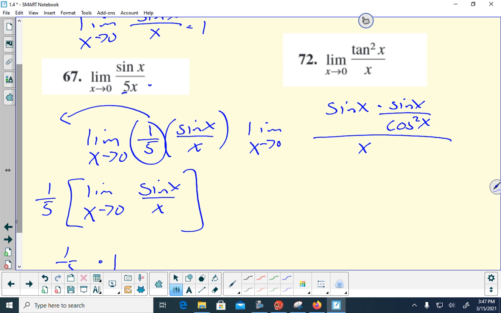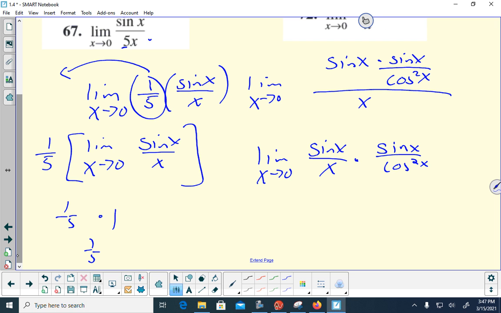So I'm going to take the limit as x approaches 0 of the sine of x over x times sine of x over cosine squared x. I don't know if you would write it like this or not, but I'm going to.